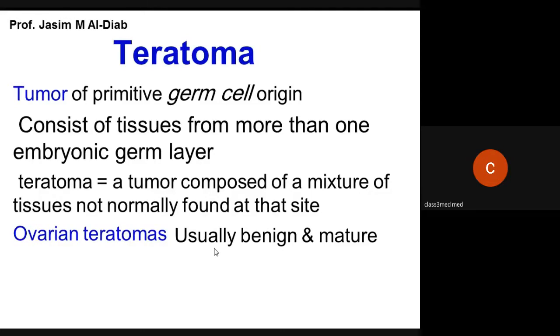It could be seen in the testes, mediastinum, brain, or retroperitoneum, at any site, but the most common site is the ovary. In the ovary, the teratoma is usually mature, meaning it is composed of mature tissues, so it is called mature teratoma, and it behaves as a benign tumor.